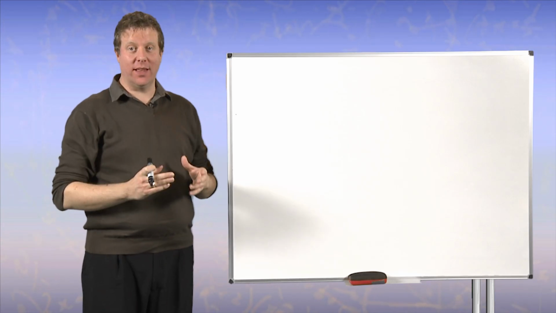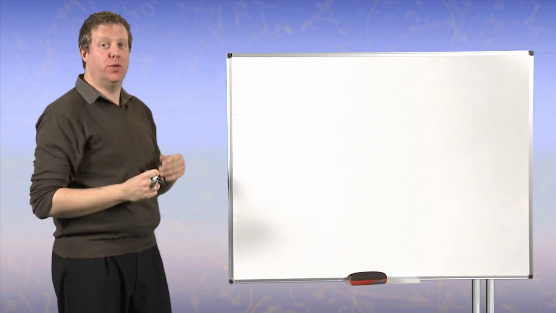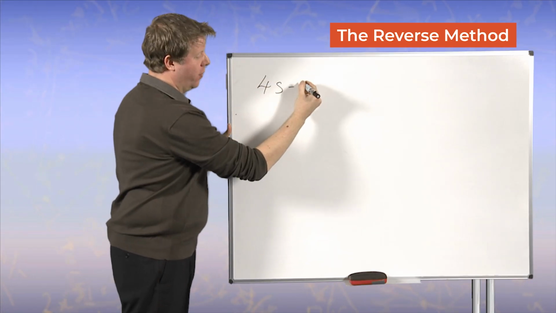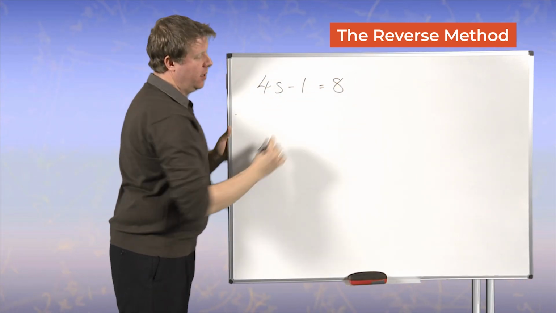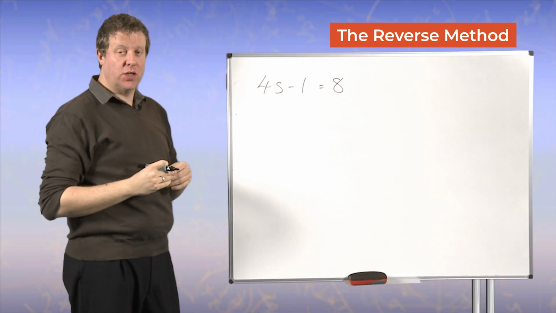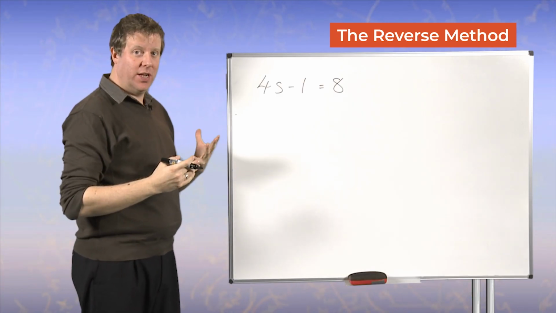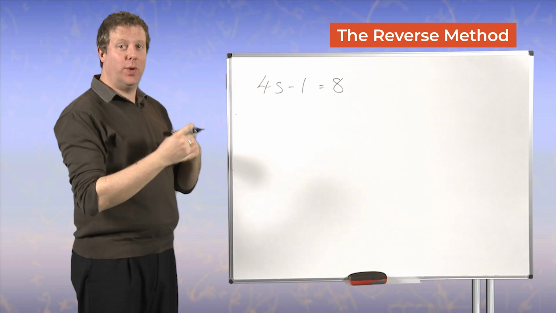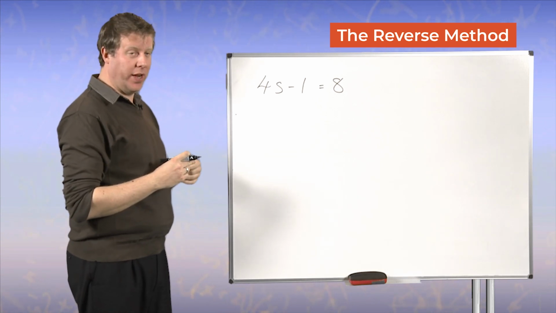So let's look at another example now, and this time we'll use the reverse method again, and we'll look at this equation here, 4s minus 1 equals 8. So remember, the reverse method involves us looking at what is being done to the letter and then doing the reverse operations on it.